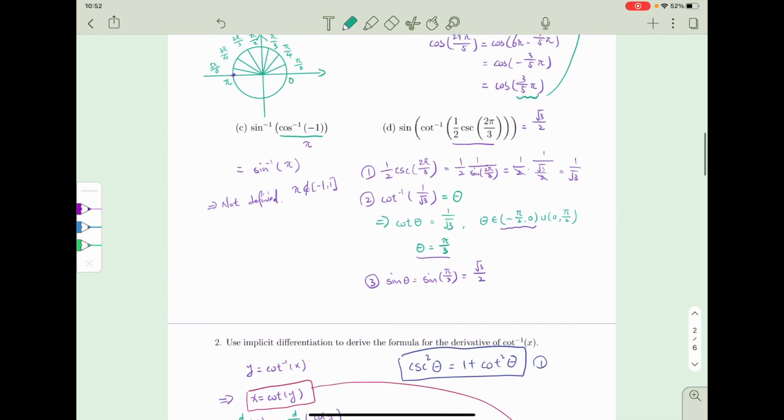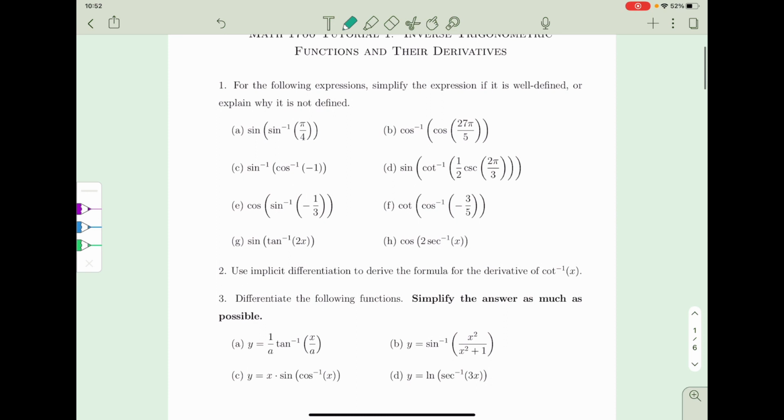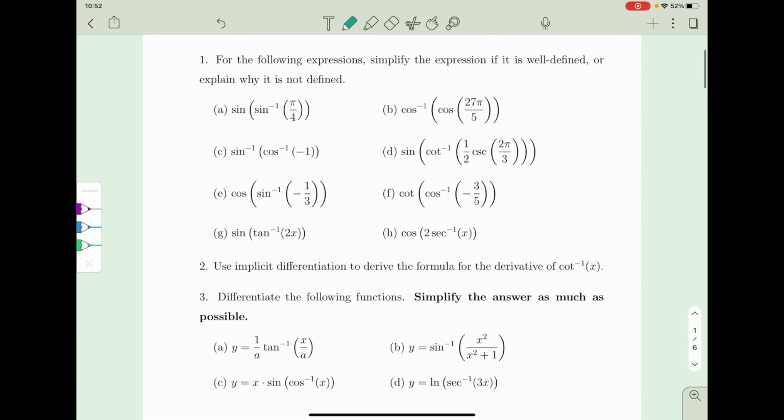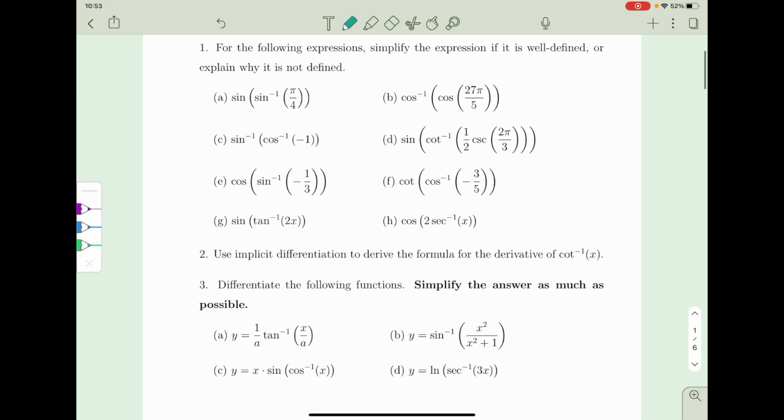So a summary for this worksheet. For the first question, you need to know the technique of assuming the inverse function to be theta and using the definition to rewrite the expression. I also emphasize that when the inverse function is on the inside, that is different from when it is on the outside.